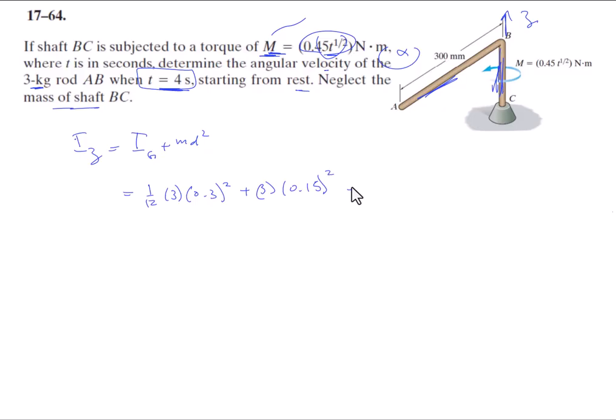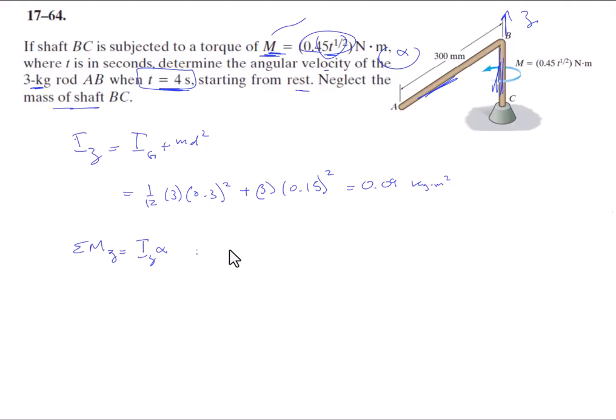So you calculate this to be 0.09 kilogram meter squared. Since this is rotational, F equals ma will be the summation of moments about the z-axis is equal to I alpha.